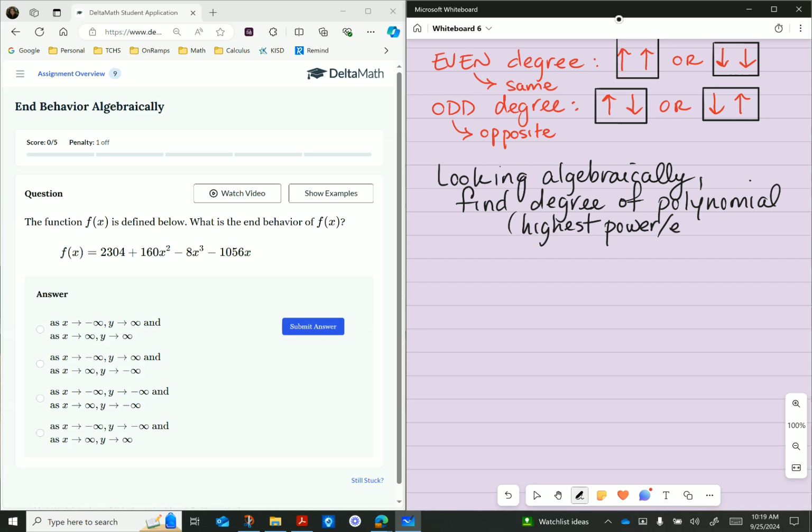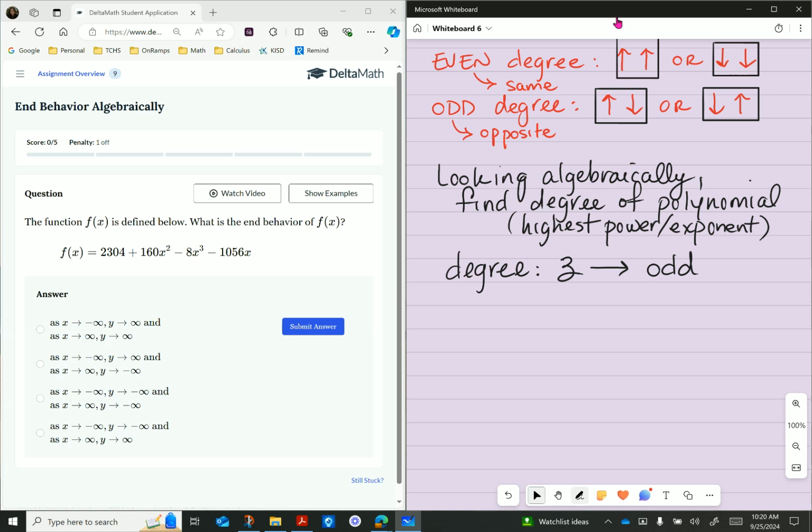So you have to examine every term and determine which one is the leading term. What is the degree of this polynomial? If I look at every single one of those exponents, my degree turns out to be 3. 3 is an odd number.